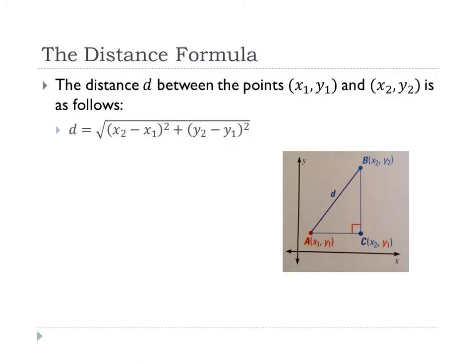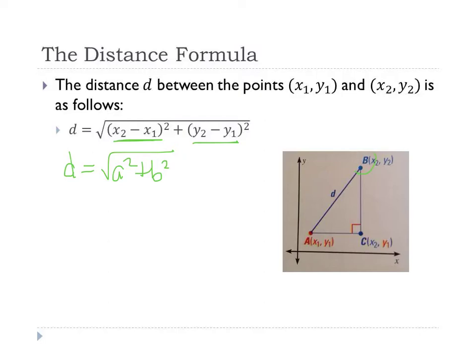This is the distance formula, and it's d equals the square root of the quantity x2 minus x1 all squared plus the quantity y2 minus y1 all squared. Very similar to what I was just showing you with the Pythagorean theorem. It's just that this is A and this is B because we have to get the values of those sides.